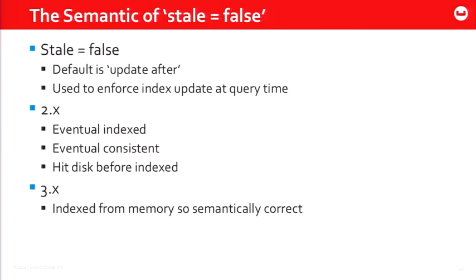Let's talk a little bit about the semantics of stale equals false, because they are different between 2.x and 3.x, given that 2.x indexed the data from disk, whereas 3.x indexes the data directly from memory.